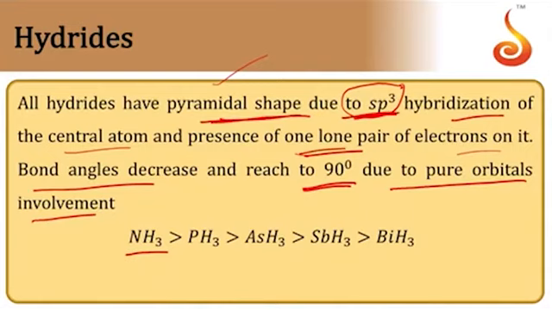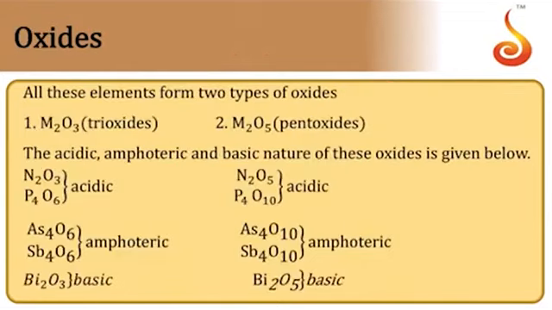Bond angles are reduced to 90 degrees because down the group pure orbitals start being involved in bond formation. This is the order of bond angles: ammonia has the highest bond angle and bismuthine has the least. This is regarding hydrides.